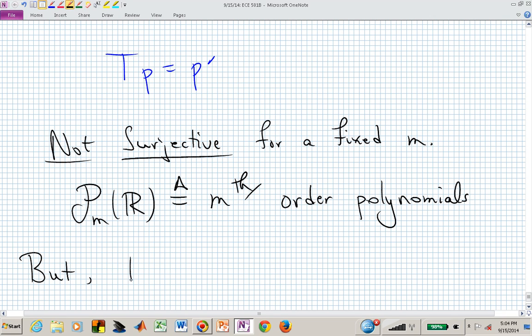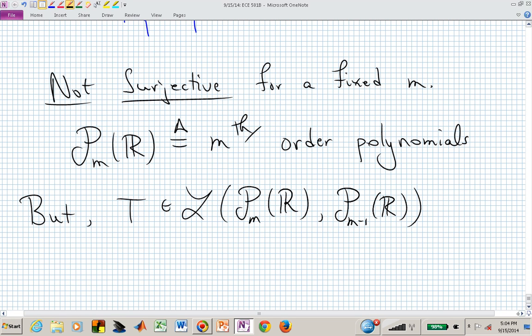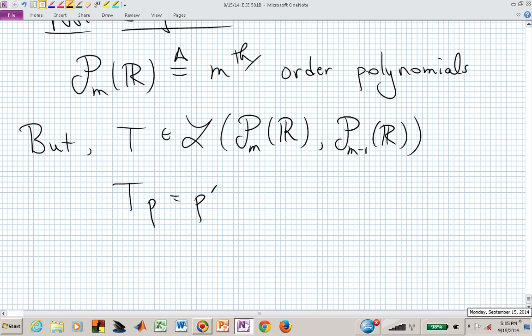But the linear map T, from the domain, let's say, of mth order polynomials over the reals, to the m-1 polynomials over the reals, where TP is still the differentiation map. Do you like that one better in terms of being surjective or not?